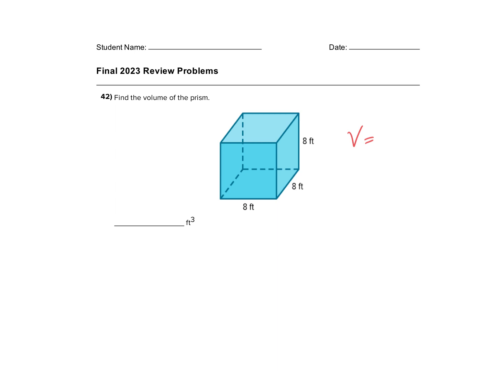Now on your reference sheet, the formula is s cubed, where s stands for side. So it's just 8 cubed, which is the same as 8 times 8 times 8, or length times width times height. However you want to look at it, you still get the same answer, and 8 times 8 times 8 is 512.